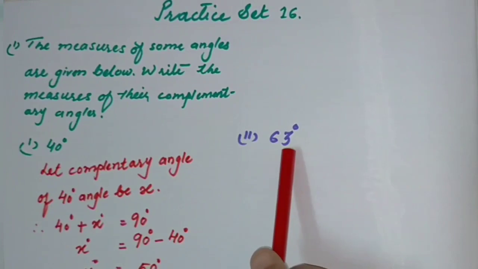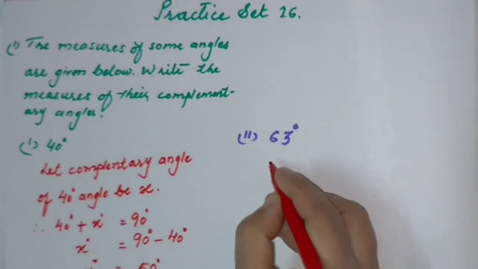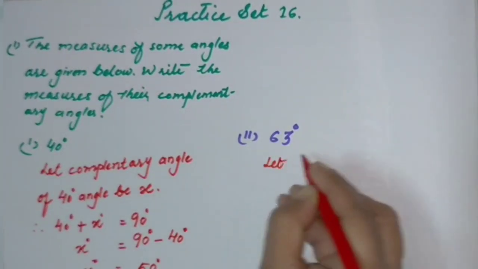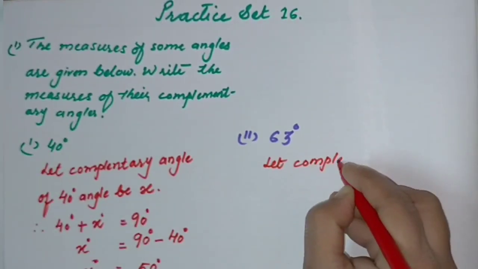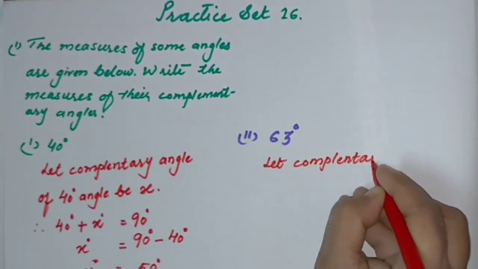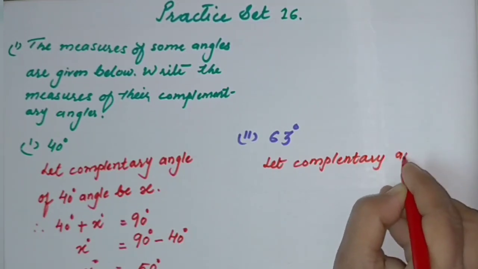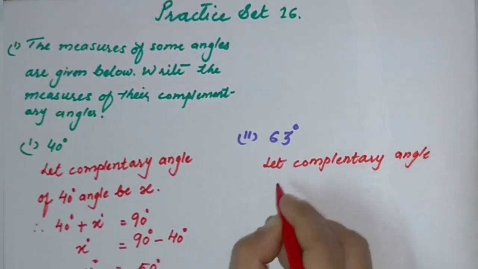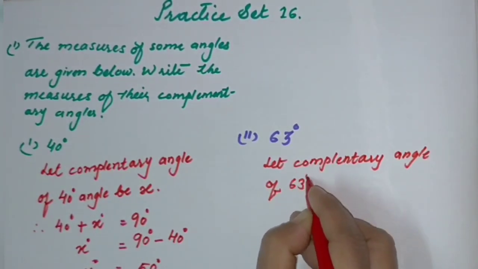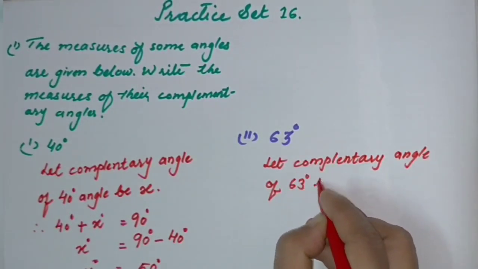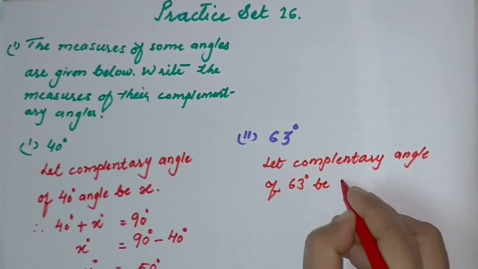Okay, now next question, that is 63 degrees. Same way we have to calculate the complementary angle. Let the complementary angle of 63 degrees be x.